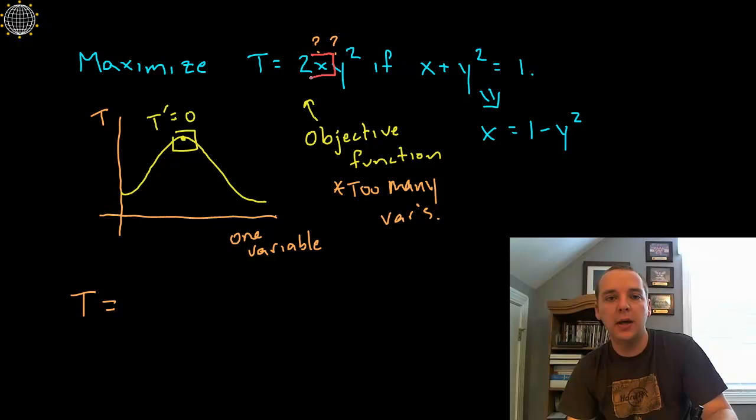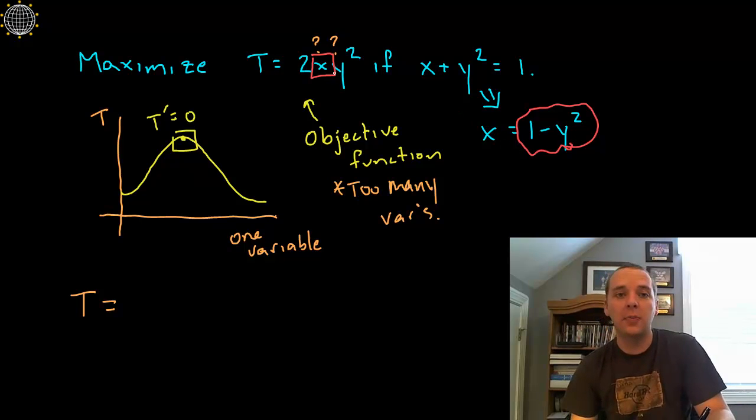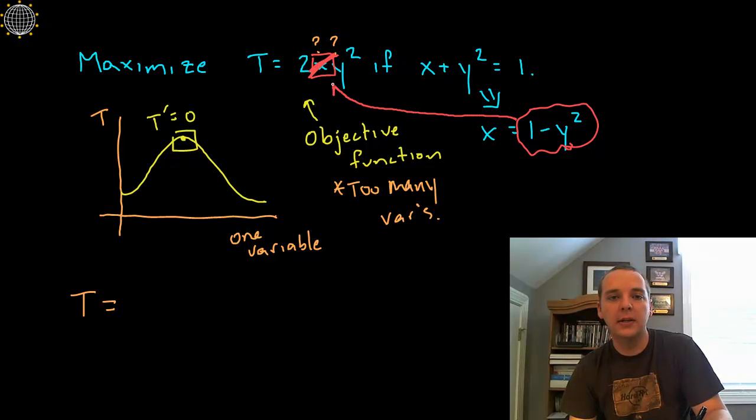If we have 2xy squared and this is x, if x is 1 minus y squared, then you can do a little copy and paste. You can take this x out and replace it with 1 minus y squared. So let's rewrite t. Instead of 2xy squared, I know what x is due to the constraint.